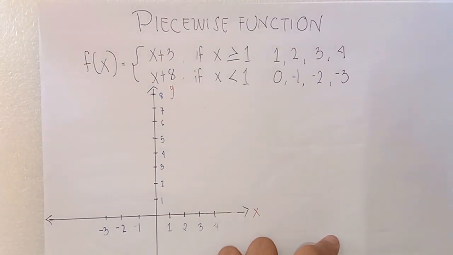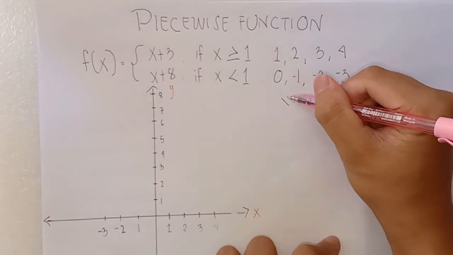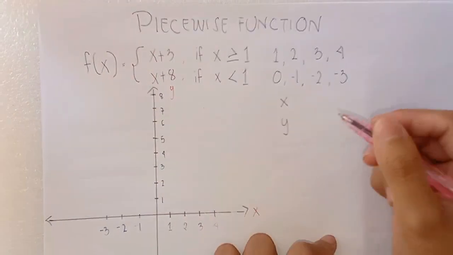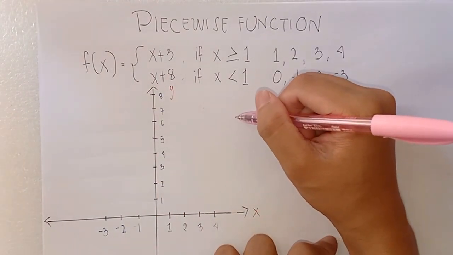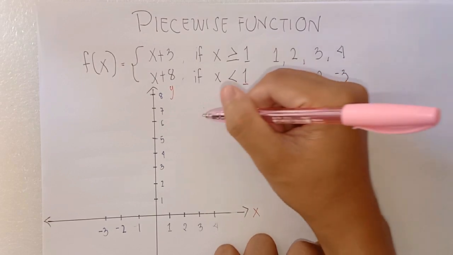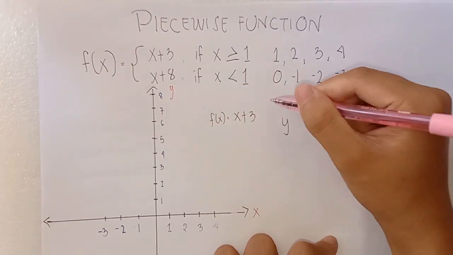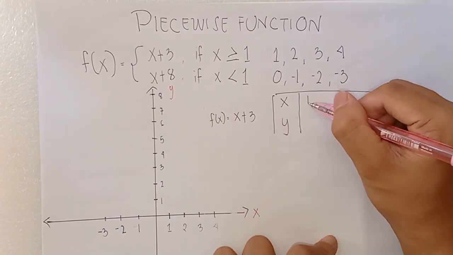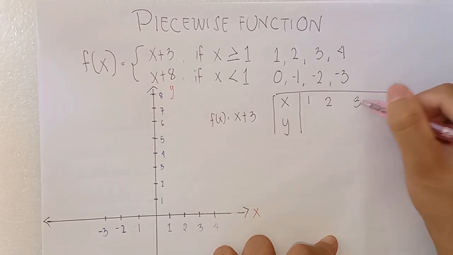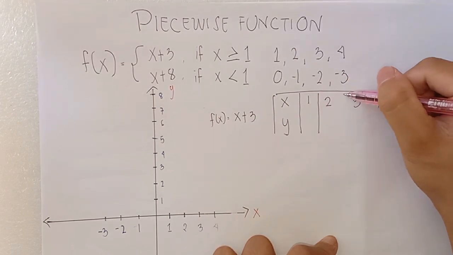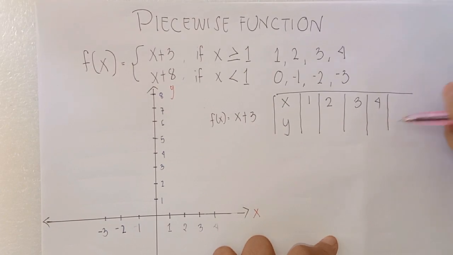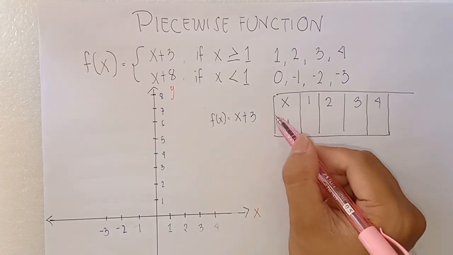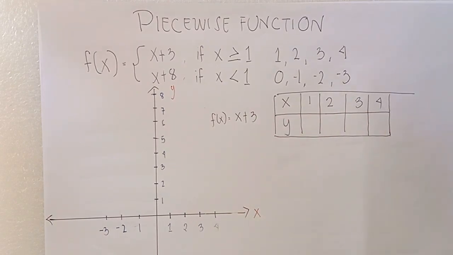Construct first a t-table. So let's have x and y. Let's compute first the function which is x plus 3. The x values that can be substituted in x plus 3 are 1, 2, 3, 4, which are greater than or equal to 1.